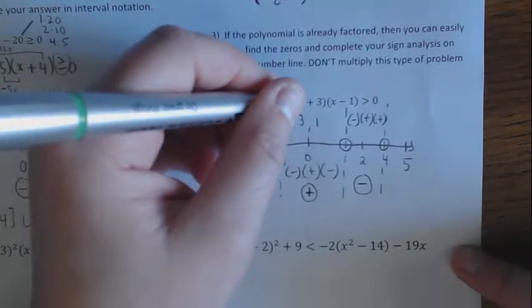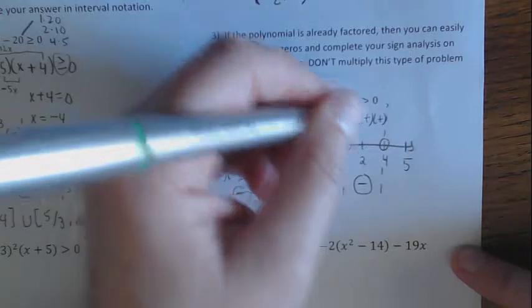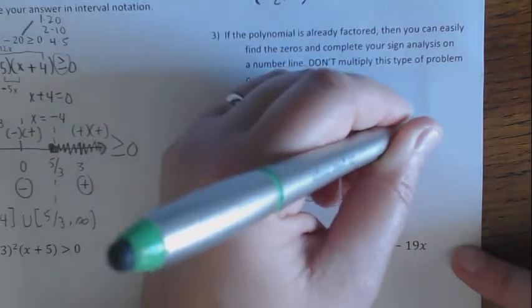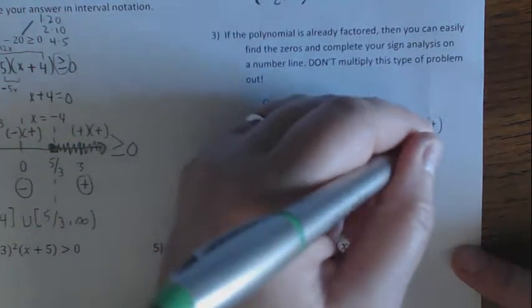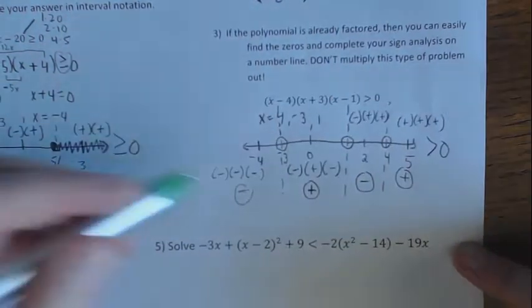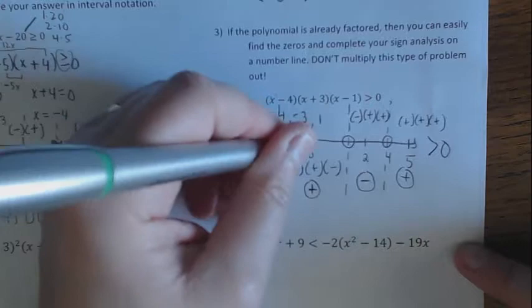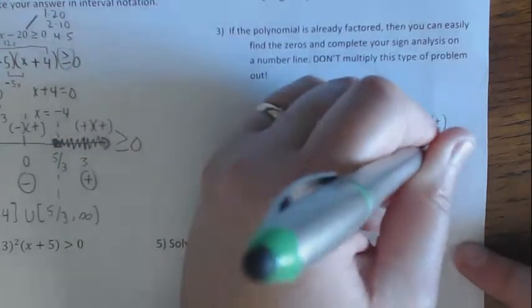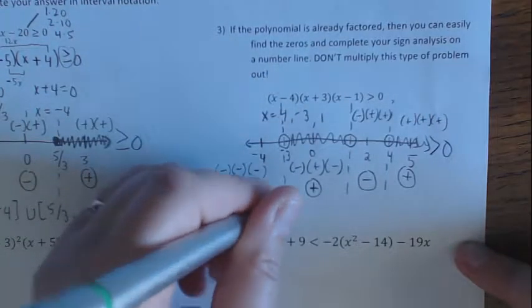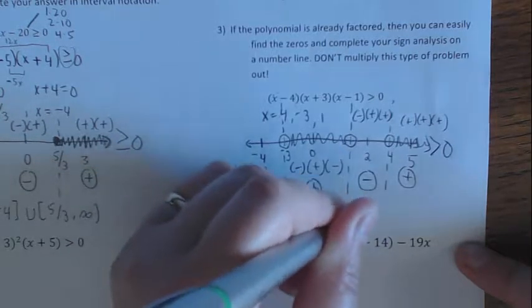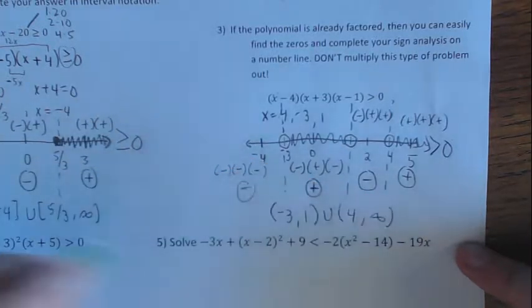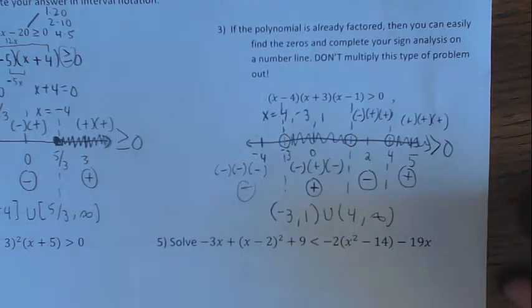And if you check 5, you're going to get a positive times a positive times a positive, which is a positive. Notice that the signs do alternate here. We want greater than 0, so we want all the x values that make positive y values, so you shade the pluses. That gives you parentheses negative 3, comma 1 parentheses union 4, comma infinity.